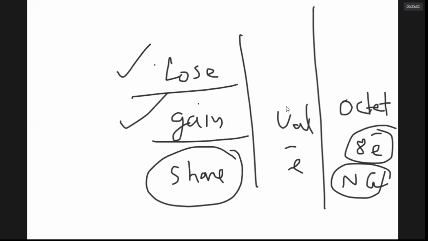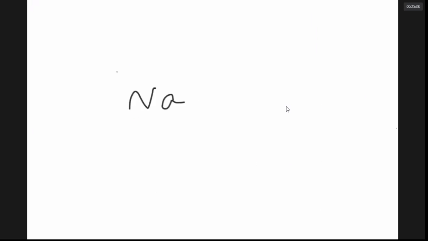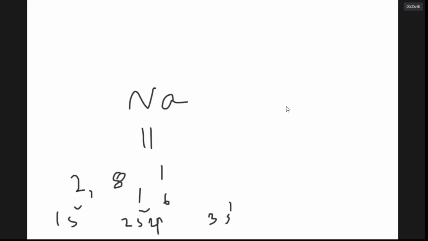Now suppose you are looking at sodium. Sodium, atomic number 11, has 2, 8, 1 electrons, like 1s2, 2s2, 2p6, 3s1.